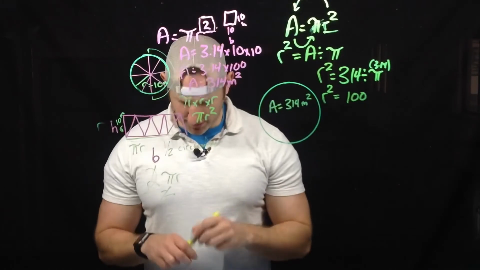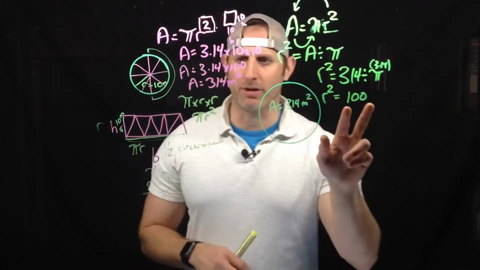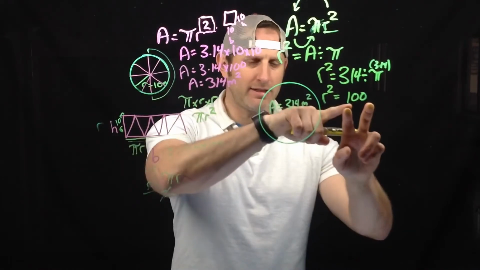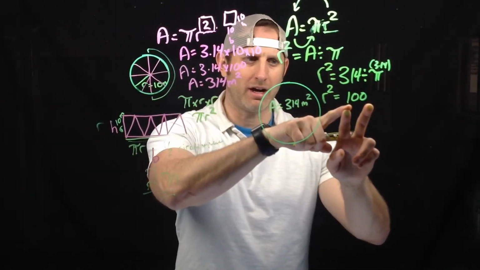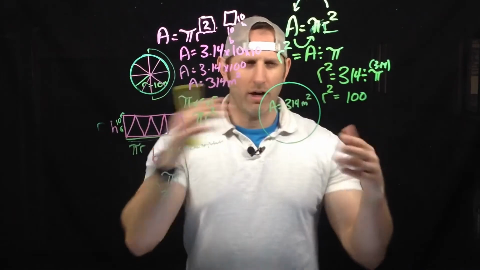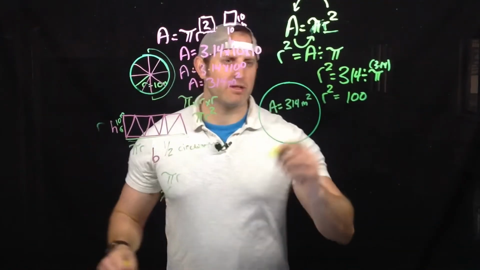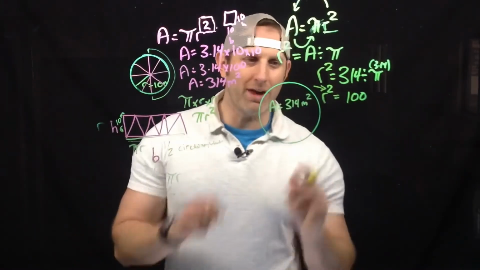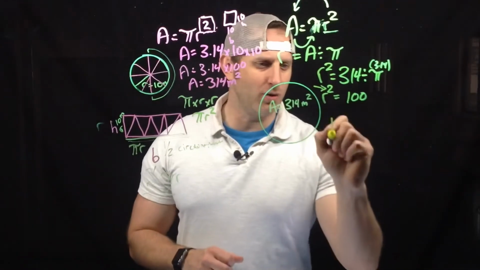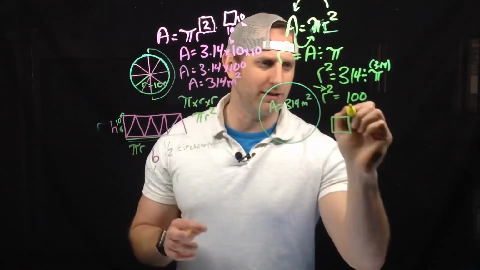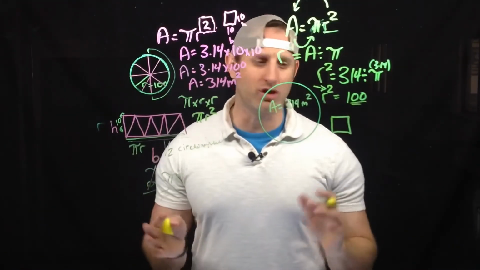Now you might think to yourself, well, wait a second, we have a different number here. We had a radius of 10, but this is telling us that r squared is 100. Why do we have two different numbers here? Well, the reason we have two different numbers is because of this guy right here. What this is telling you is that you have an area, r squared, and this number is made up of 2 dimensions.